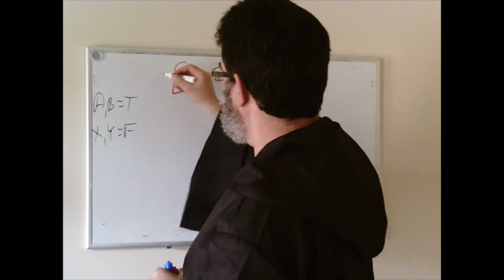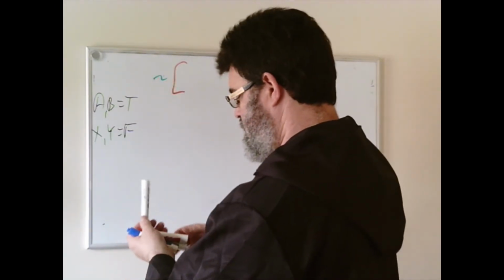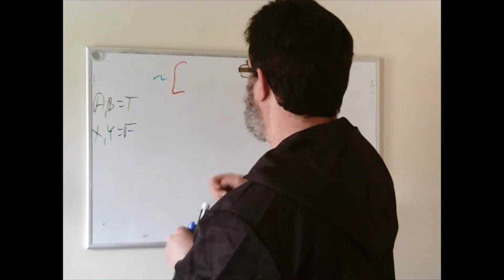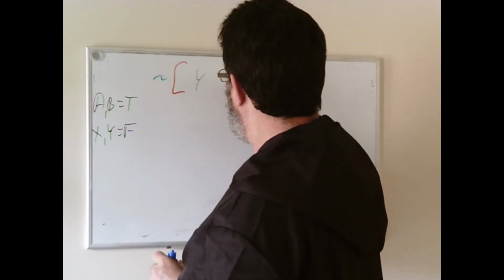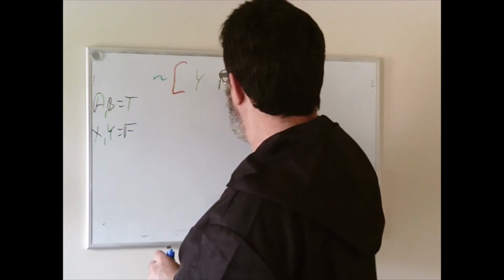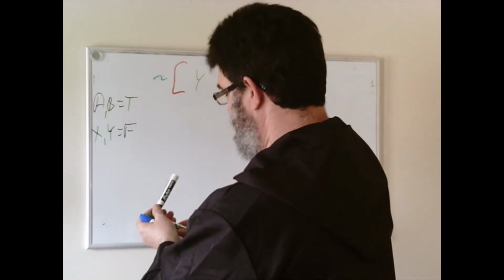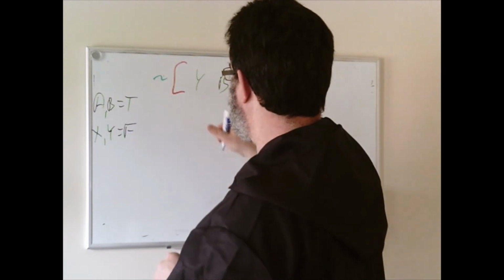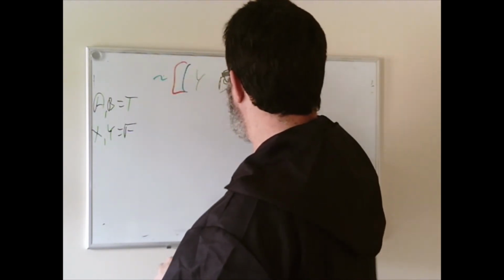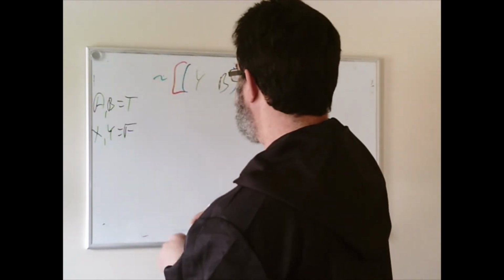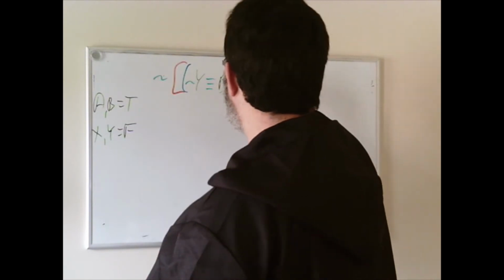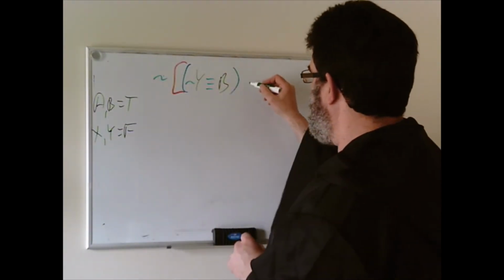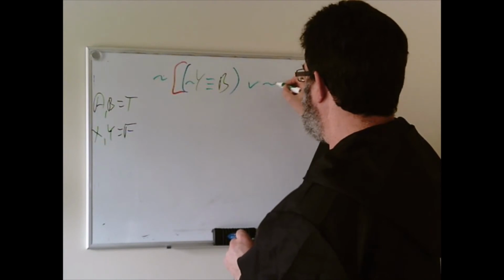And I'm going to put a not here, and I'm going to say, let's say, Y, B, but to make it more extra fun, let's put some parentheses here, and let's negate the Y, and we'll make this a biconditional, and we'll say, or not.